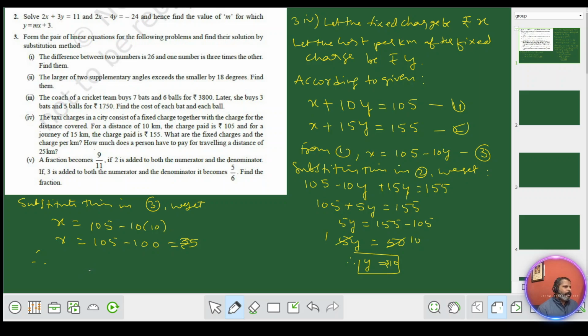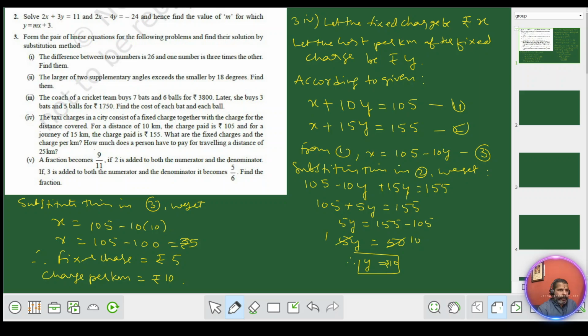What is the conclusion? Now, fixed charge is what? We assumed X. Therefore, fixed charge is equal to 5 rupees. Then, charge per kilometer is equal to 10 rupees. Once we find the fixed charge and charge per kilometer, they have asked another part of the question. What is that?